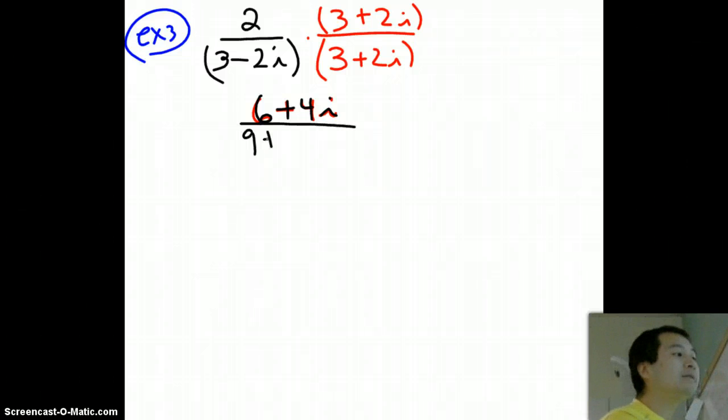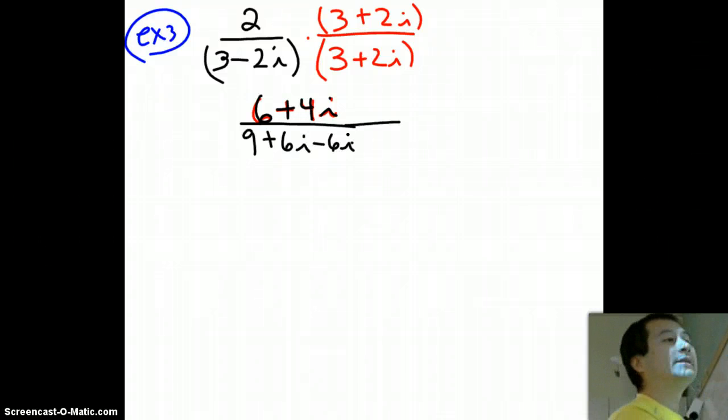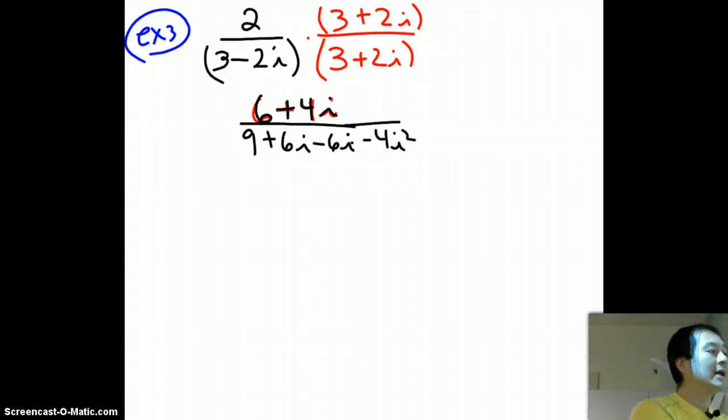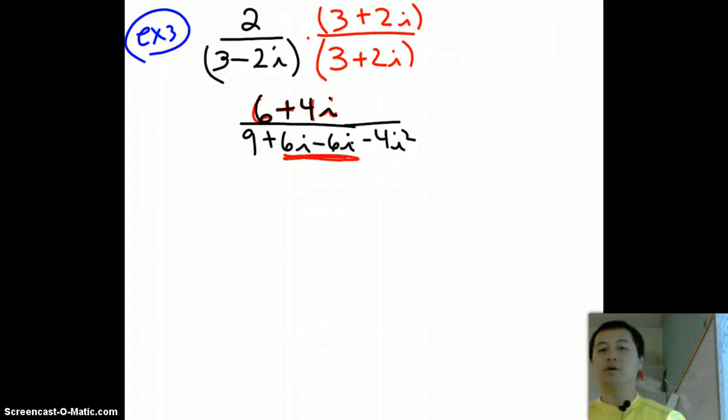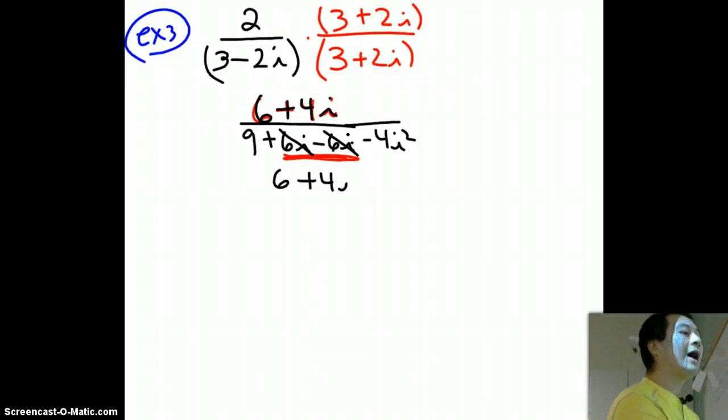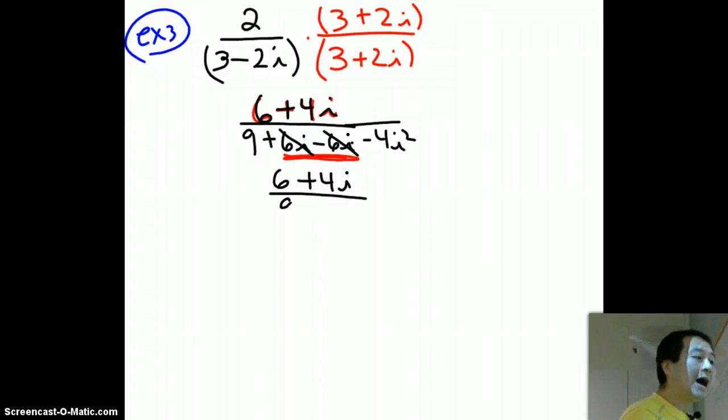That becomes positive 6i, negative 6i, and negative 4i squared. Take a look. Something special happened like we predicted. This part right here goes away. Cancels out because 6i and negative 6i make 0. The top stays the same still, 6 plus 4i. The bottom becomes 9 minus 4i squared.